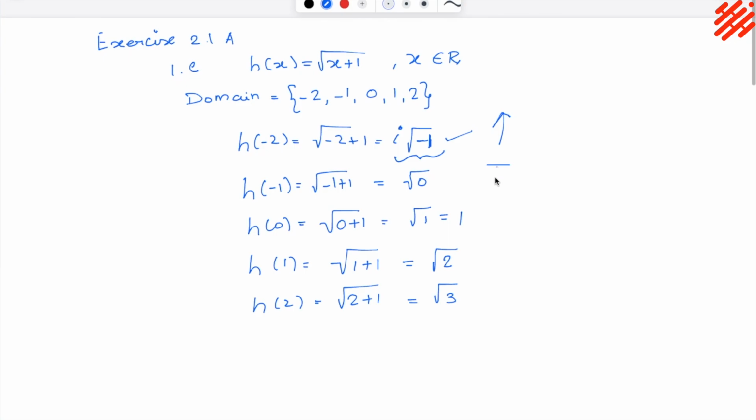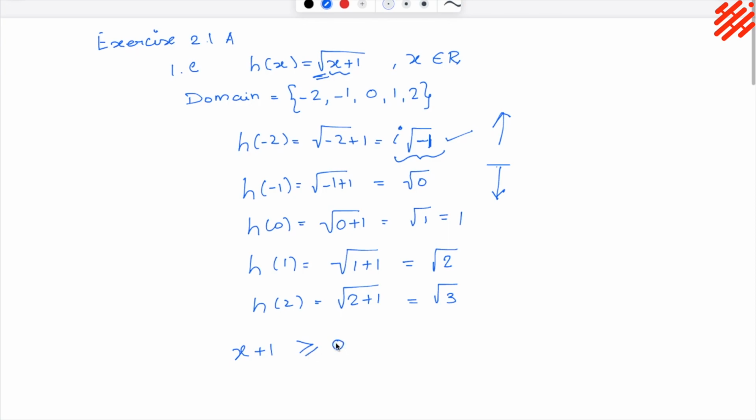Whenever the domain x is greater than or equal to -1, it produces a real value. So we can say that h of x represents the square root function, as long as the term x plus 1 is greater than or equal to 0.